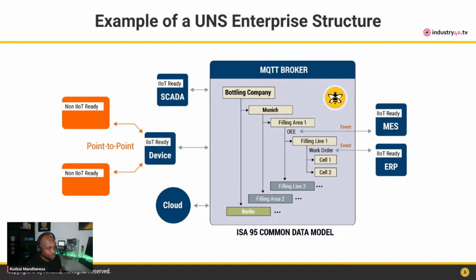So for example, here you see we've got an ERP publishing a work order into production line 1 in Munich under that enterprise. So that way, it's easy to see the state of the order.